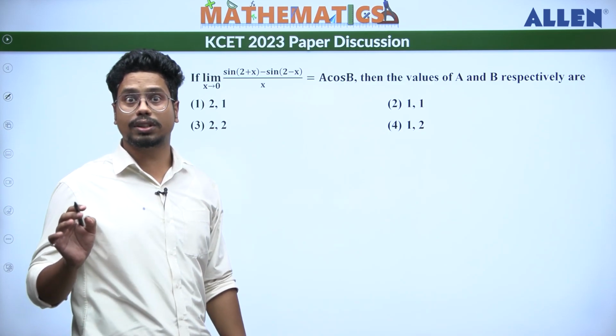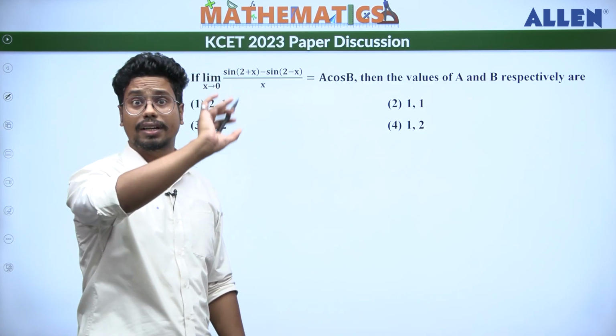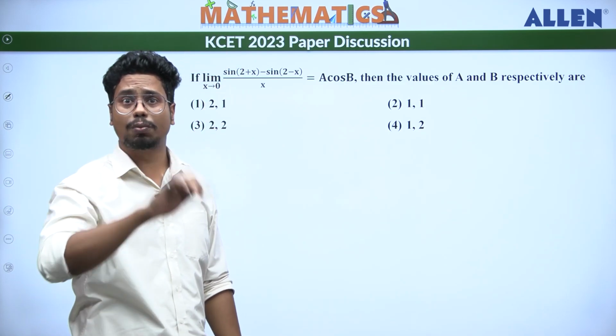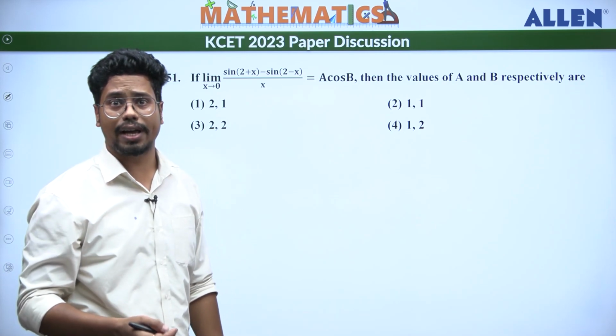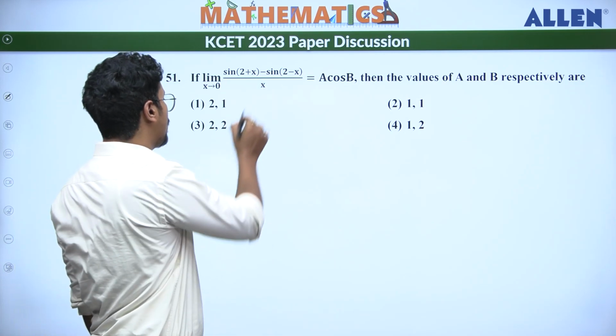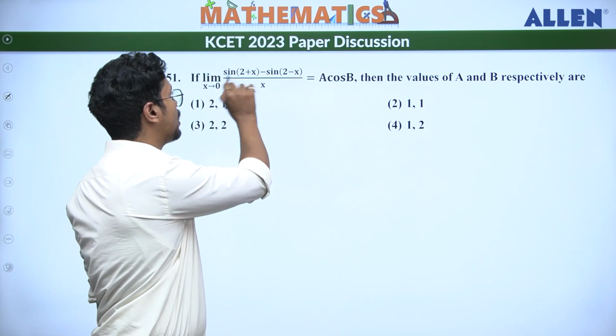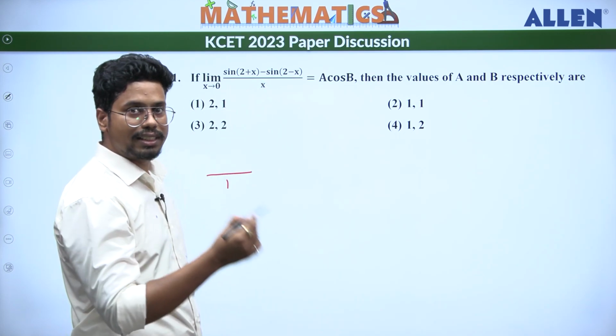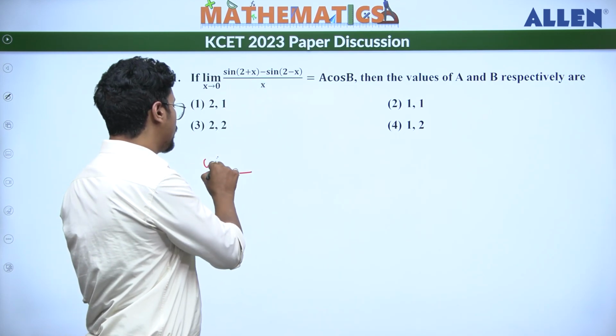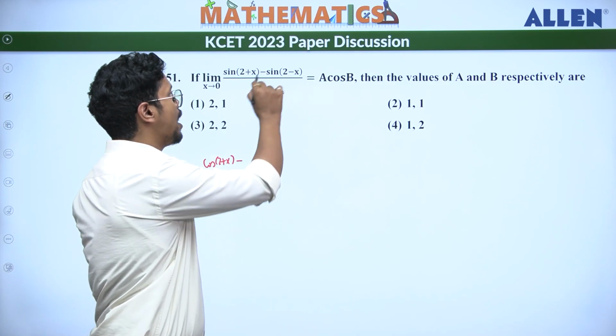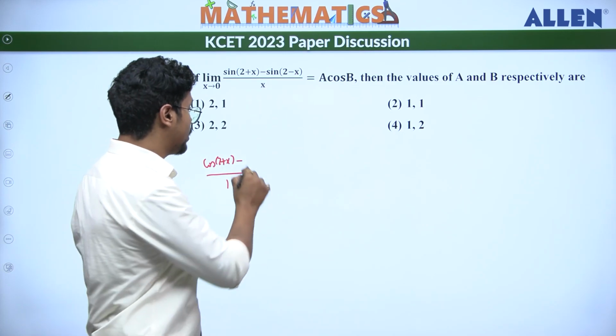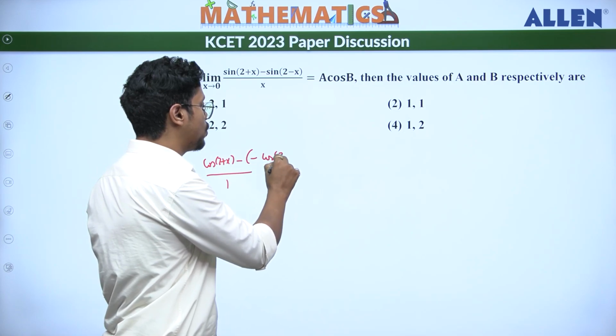What does the L'Hospital rule say? That differentiate the numerator, differentiate the denominator, then you put again the value of x equal to 0 and evaluate. So differentiation of the denominator is straight away 1. Sin(2 plus x) differentiation will be cos(2 plus x). Basic differentiation. And cos(2 minus x) differentiation will be minus of cos(2 minus x).